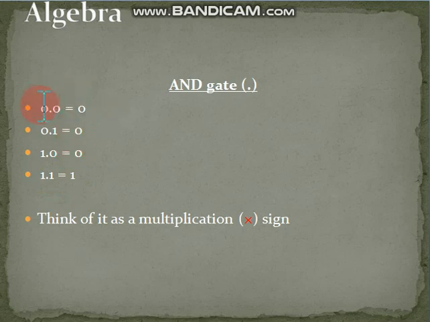Okay, so it's just like a normal multiplication here, but because we are dealing with 1s and 0s, everything here should be 1 and 0. So logically, when you're multiplying 1 times 1, it's always 1, and any number multiplied by 0 is equal to 0. So this part we're done.